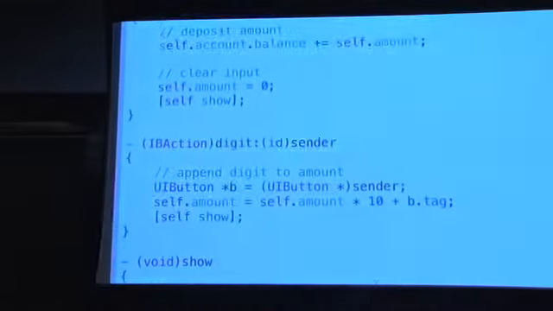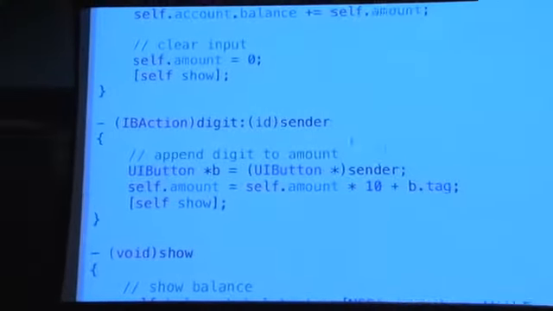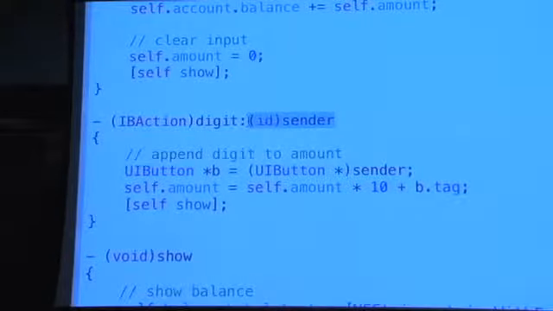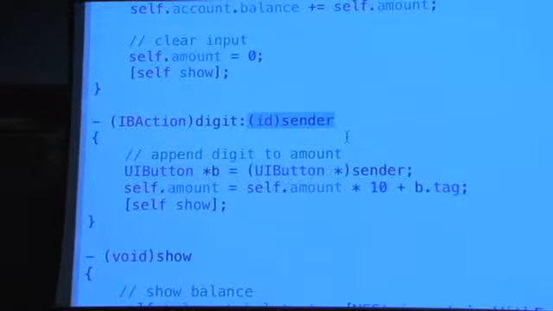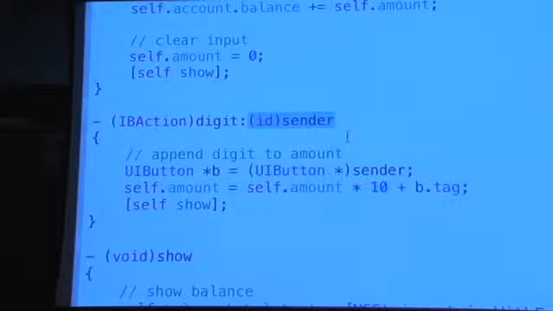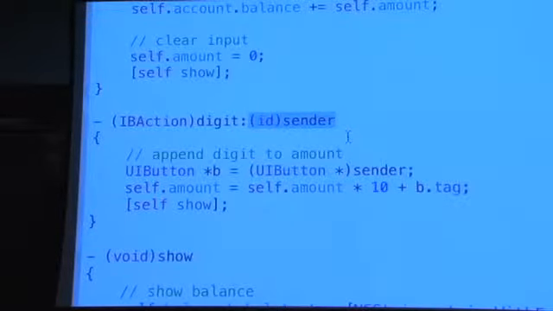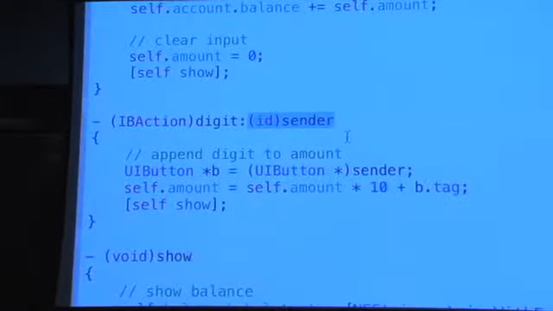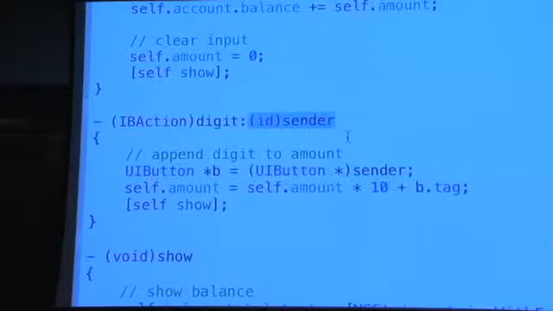So sure enough, if I scroll down to digit, I have to do a couple of things. One, because I have chosen, for better or for worse, to just have a generic argument in the iOS paradigm of type ID, whose name is sender, but I want to access the tag that I put on that button, I need to cast this very generic ID pointer to a UIButton, or at least a UIView, which it descends from.